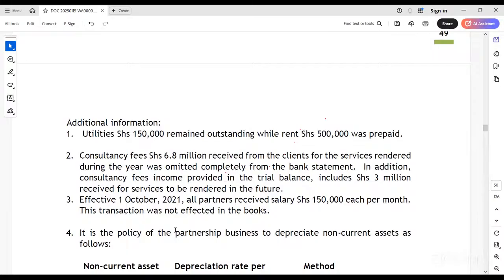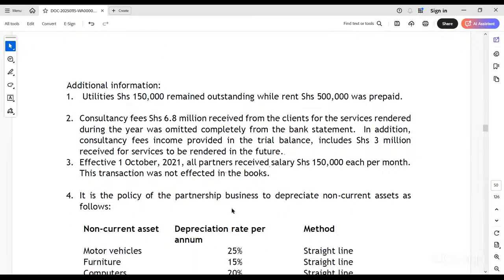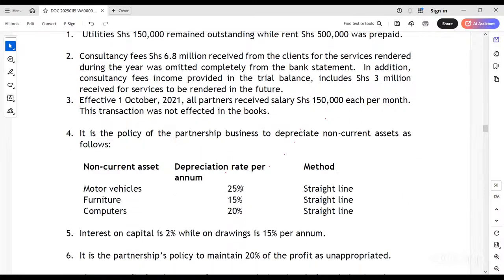Then they are telling us that it's the policy of the partnership business to depreciate non-current assets as follows. So non-current assets have to be depreciated. This is the policy.